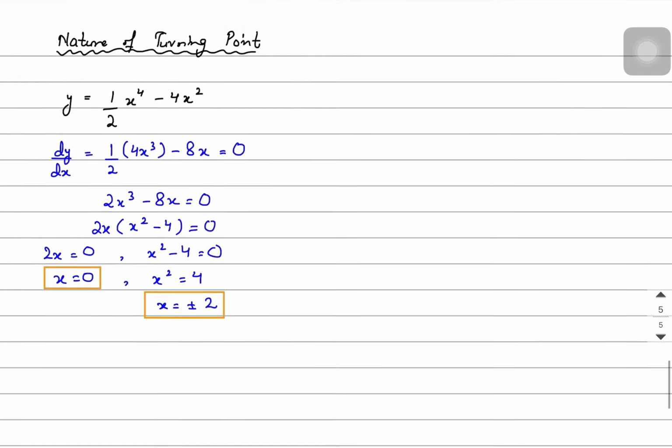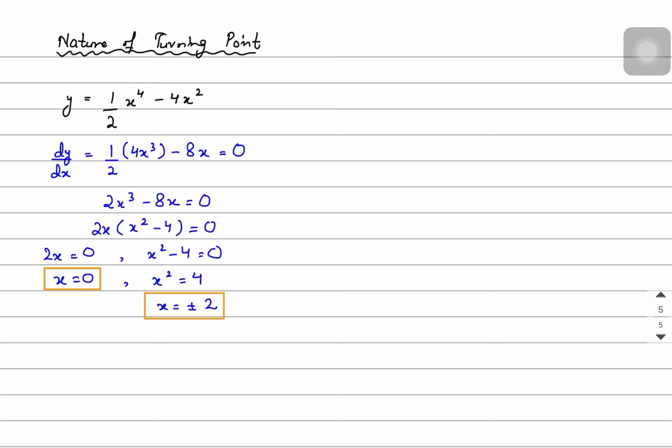So I am going to get the turning points. How am I going to get the turning points? First of all, I will put x equals 0. So that is going to be y equals 0.